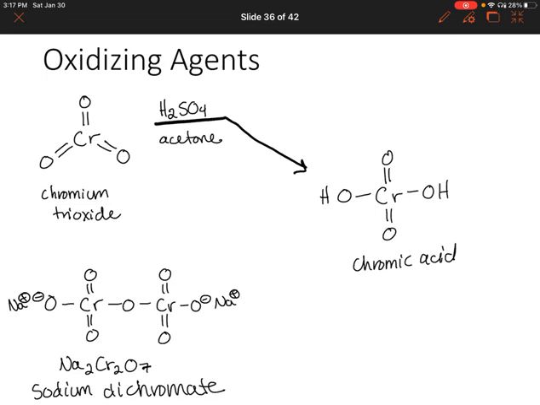Oh, and I forgot the formula for chromium trioxide. That is just CrO3. Now, to turn sodium dichromate into chromic acid, we would use sulfuric acid again and water.